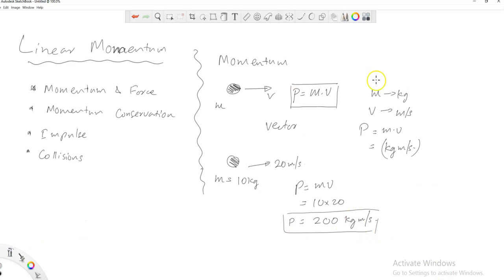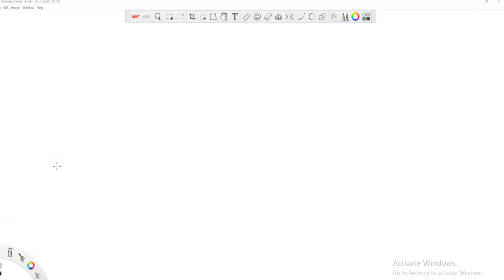Okay, so let me erase this and start a new page. So now you know how to find momentum. Simply, momentum is mass times velocity. Now let's see how momentum is related to force. There's a simple relationship between momentum and force.